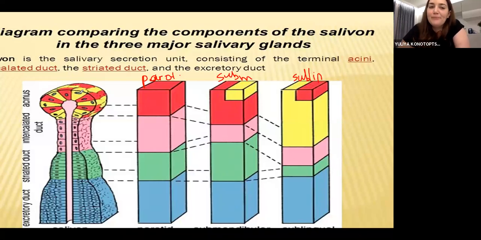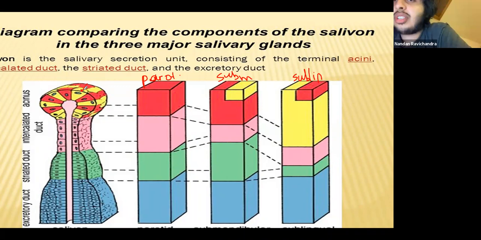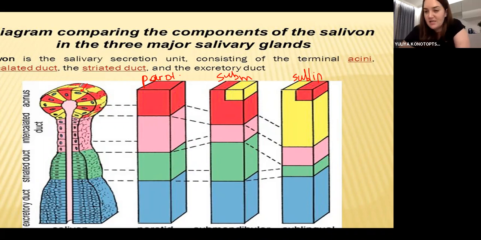Why is this mucus? Because the nucleus is on the periphery, okay? So the book is helping you. The yellow cell is mucus and the red cell is serous based on their nuclei, right? If the nucleus is more peripheral, then it is mucus. If the nucleus is more in the center, then it is serous.